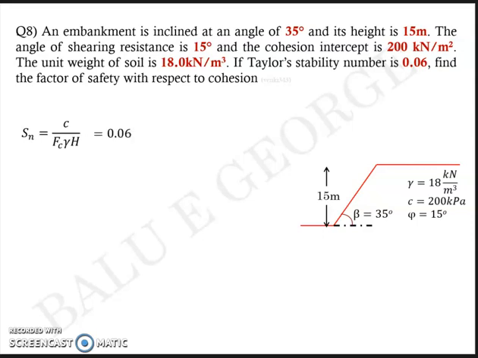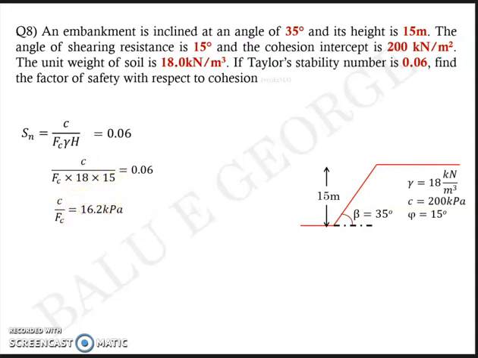So in short, C by Fc into gamma, substituted with 18, h is given as 15. So this is equal to Sn, 0.06, from which we can write C by Fc is equal to 0.06 multiplied by 15 multiplied by 18, which gives a value of 16.2 kilopascal.